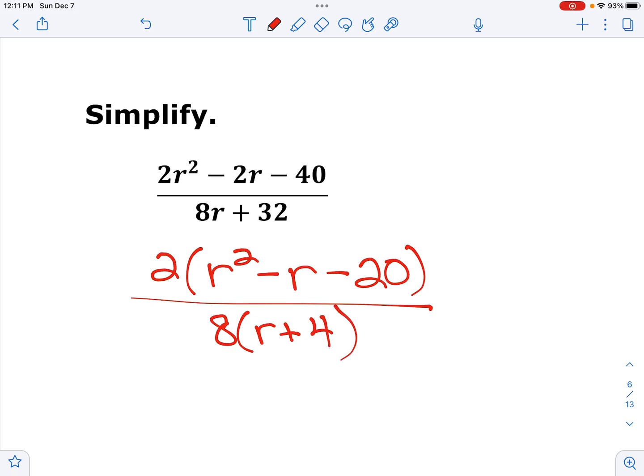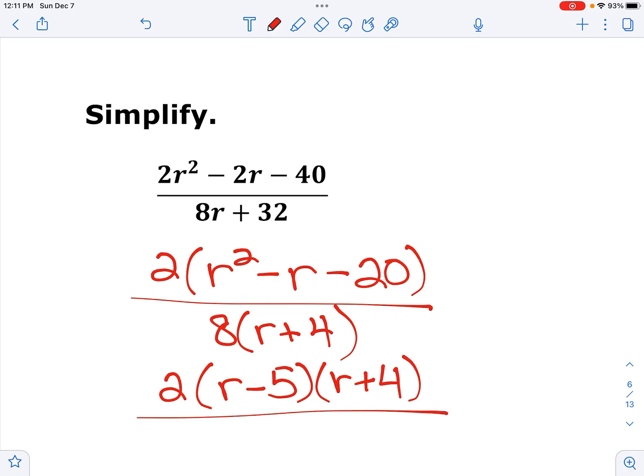So that would give me this. Now the top, let's factor that. Two numbers that multiply to be negative 20 but add up to be negative 1 would be r minus 5 and r plus 4. On the bottom, I would still have this.